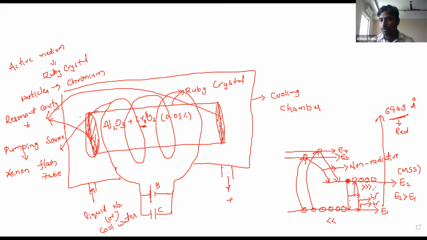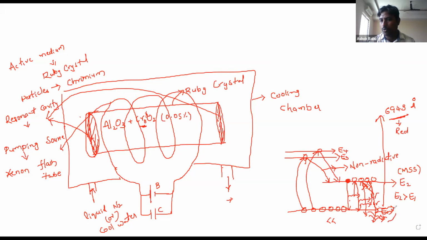These two are again supplied to two more atoms in the metastable state, absorbed by them, and those atoms are de-excited to the ground state energy level.